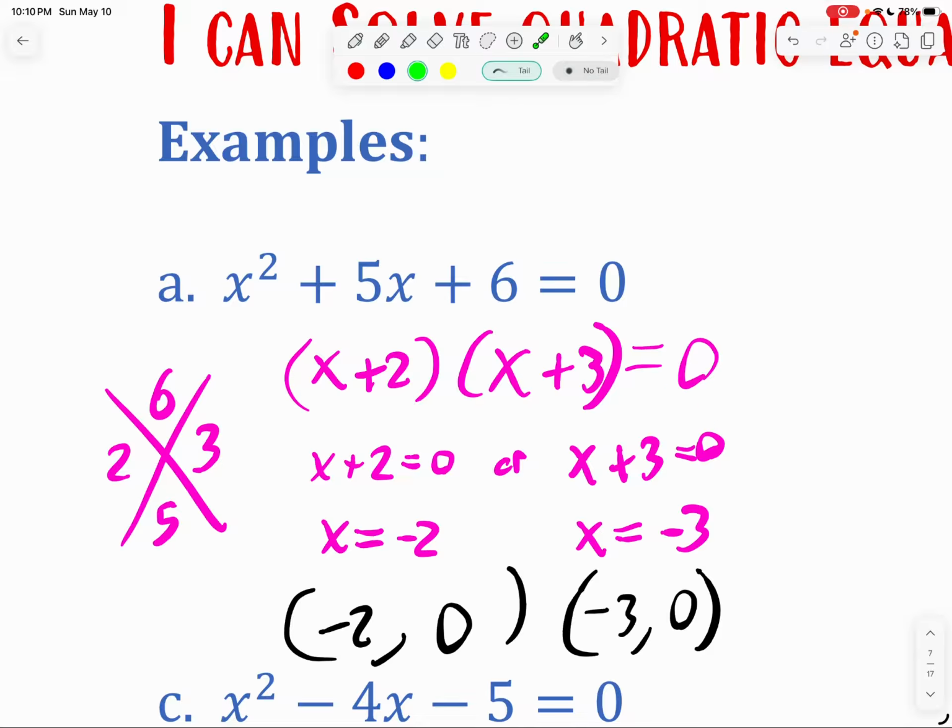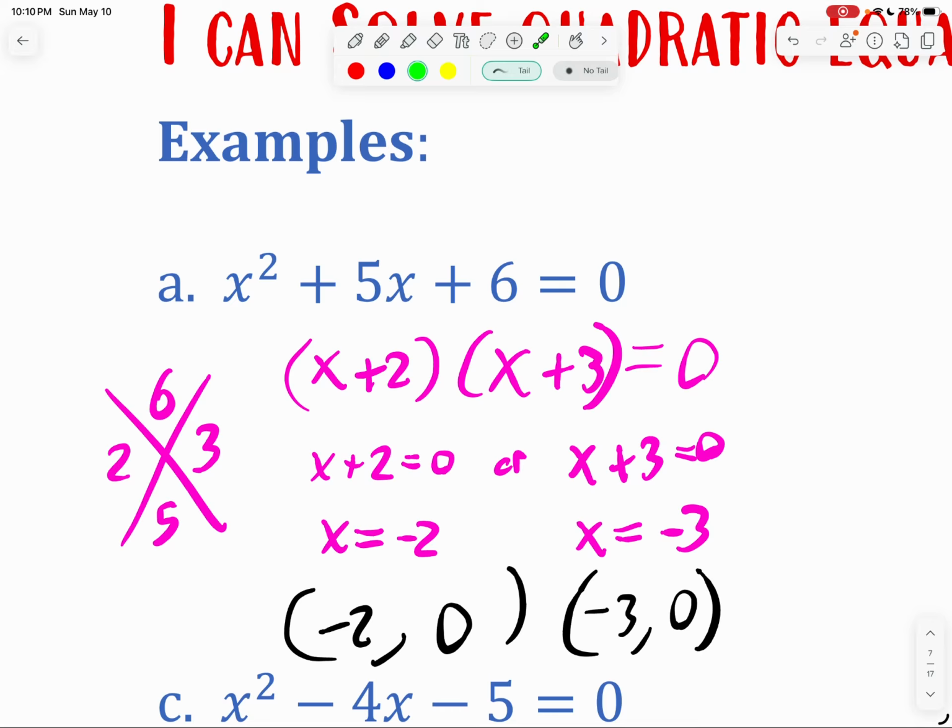Since this equation equals 0, there's only one way that can happen. This equals 0 if either this part is 0 or this part is 0, because in order to get 0 through multiplication, you have to multiply by 0. So either this one's 0 or this one's 0.